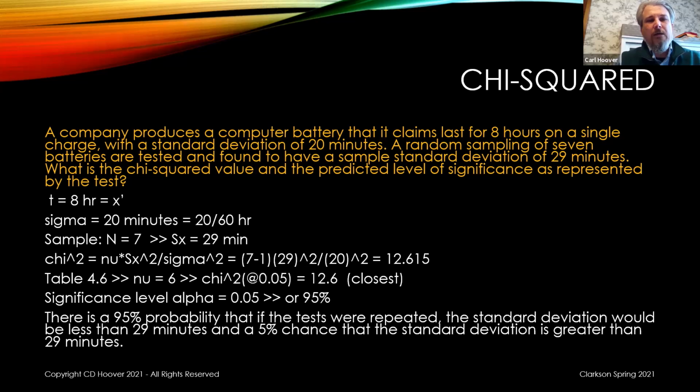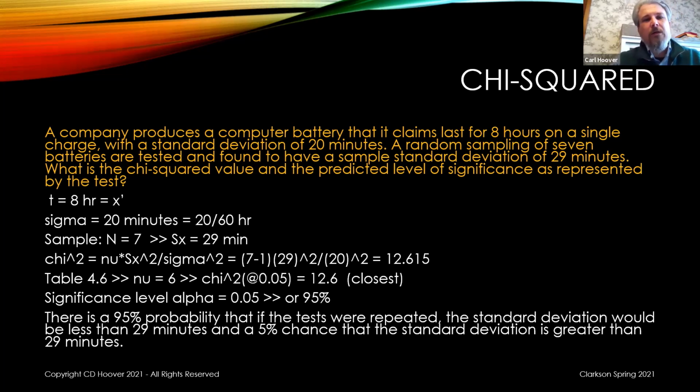So for a number of samples of 7, we get a standard deviation of 29. So the chi-squared statistic is the degrees of freedom times the sample standard deviation squared divided by the population standard deviation squared.